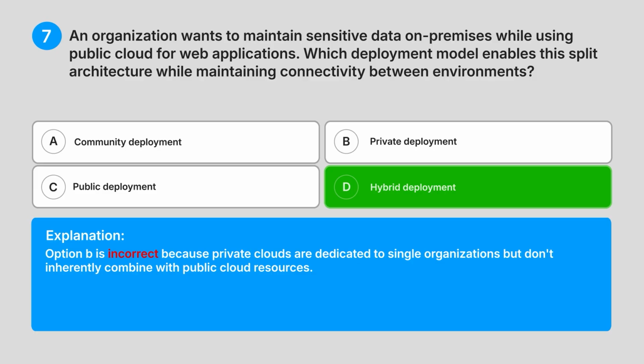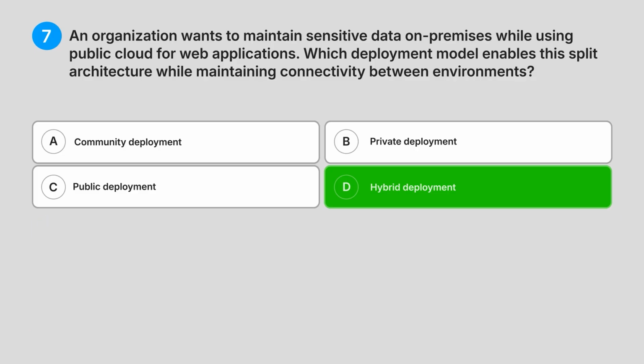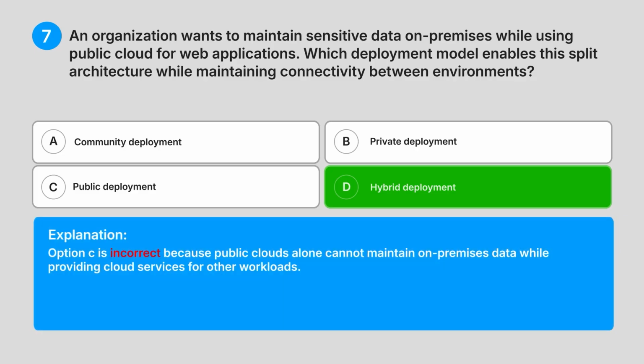Option B is incorrect because private clouds are dedicated to single organizations but don't inherently combine with public cloud resources. Option C is incorrect because public clouds alone cannot maintain on-premises data while providing cloud services for other workloads.